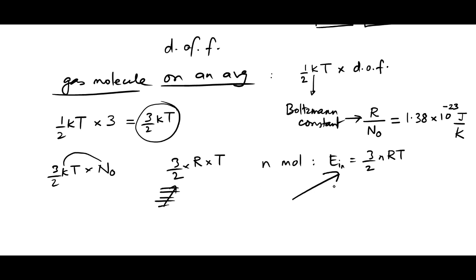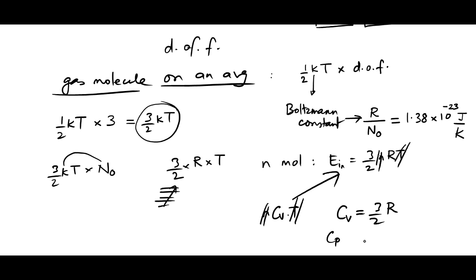No, it's over here. The internal energy of n moles of a gas is 3 by 2 nRT. Now you equate that to n times CV times T, and n cancels, and you get the result that the specific heat at constant volume for a monatomic gas is 3 by 2 times R.